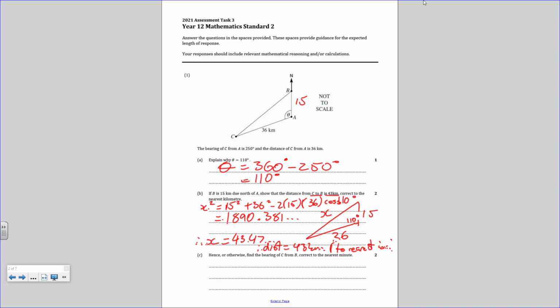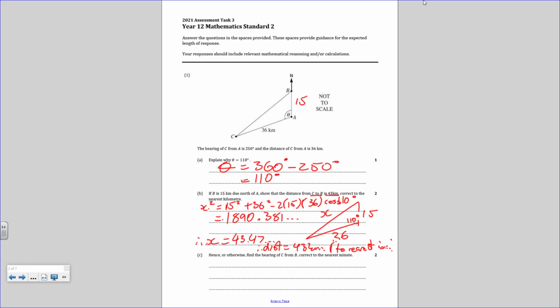The question is telling you it's 43 kilometers, so you do need to get to 43 kilometers. It's just showing. The reason it's presented as a show question is because we then need to use it in the next question.